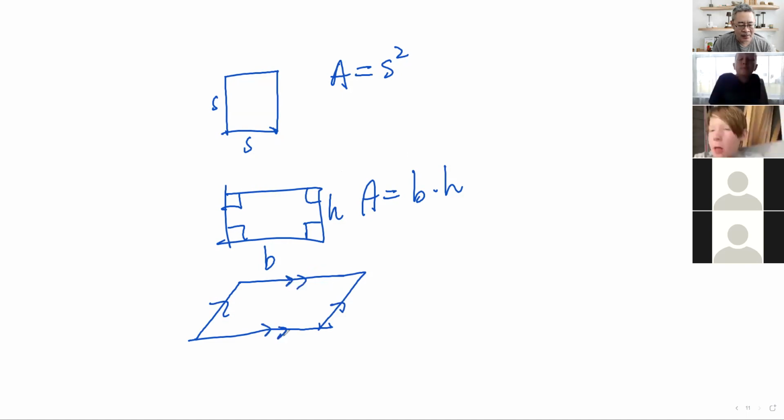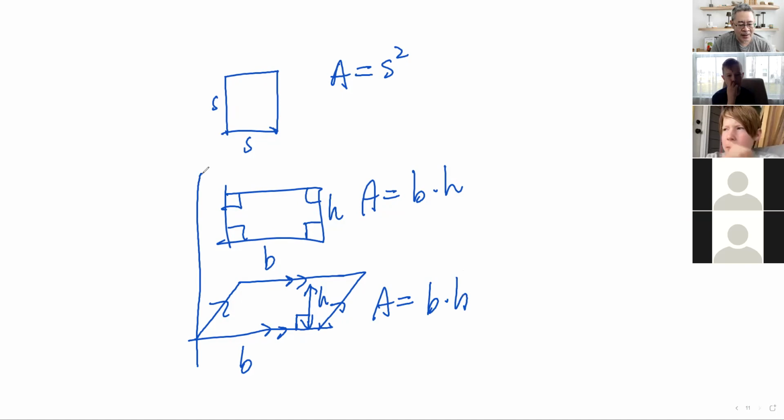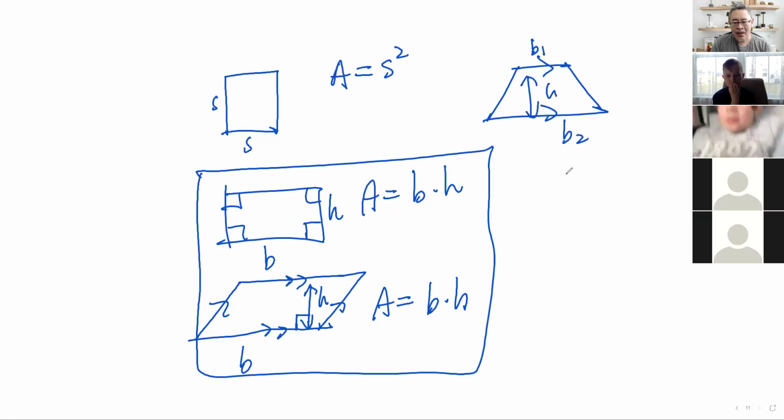And we have base and height. The height is perpendicular to the base, and the area is base times height, the same area. Those two have the same formula. And then we have the trapezoid, and we have base 1, base 2, and here is our height. So the area is half of base 1 plus base 2, times height.